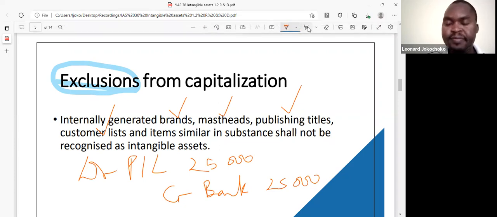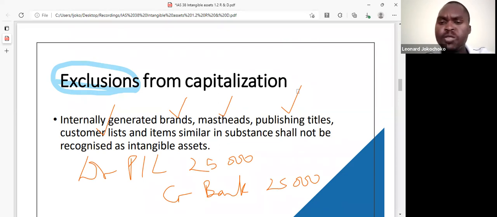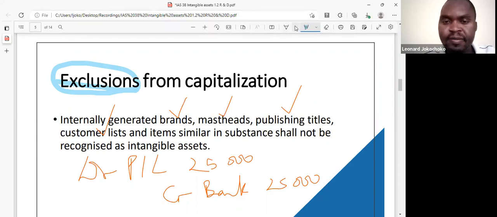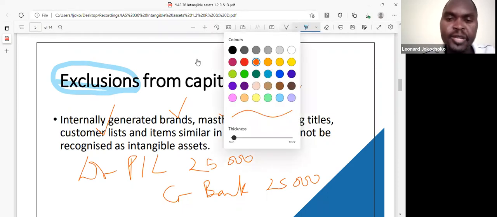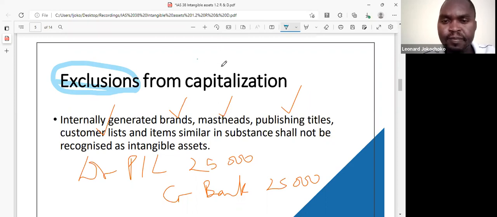Just before I move on, it's important to remember why we should not capitalize this. The key reason is that it's very difficult to reliably measure these items. You remember that for intangible assets to be recognized, they need to be reliably measured.